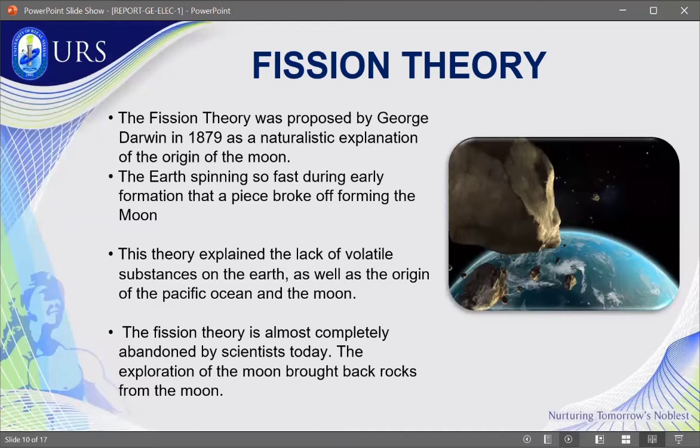The fission theory is called that because of its movement. Fission is a separating motion among particles, while fusion, on the other hand, is the opposite: a joining or combining movement among particles. So those are the differences. He also justified that the Pacific Ocean is the site where the moon came from.